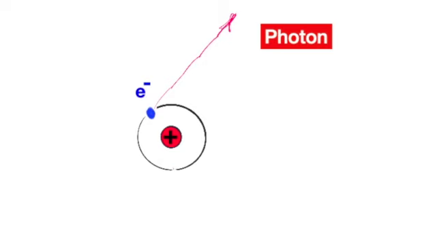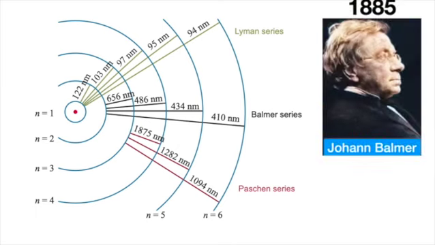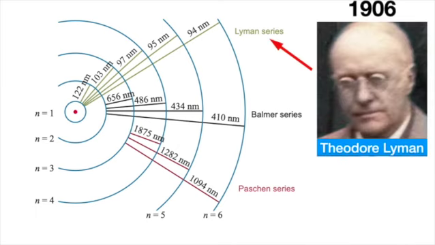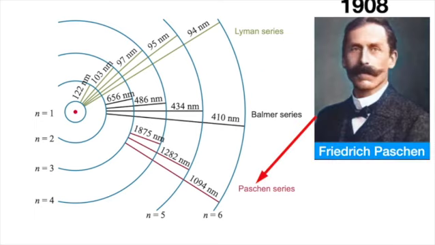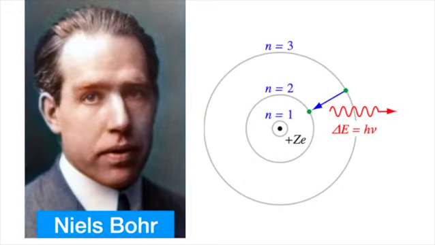Numerous physicists, at that time, attempted to develop empirical equations to predict spectral lines of hydrogen. Researchers Johann Balmer, Theodor Lyman, and Friedrich Paschen observed unique discrete spectral lines with increased energy levels. To explain the spectral lines, Niels Bohr embraced Max Planck's concept of quanta.